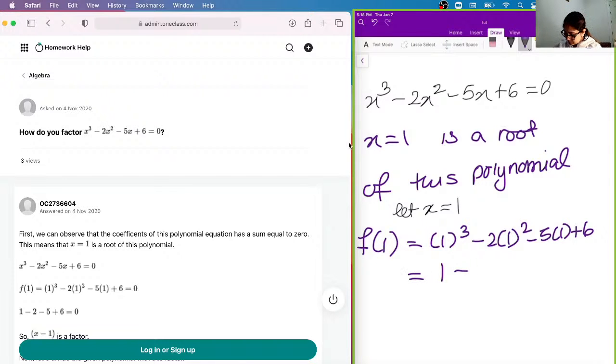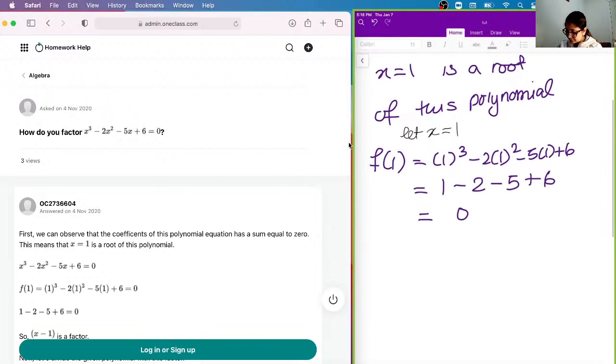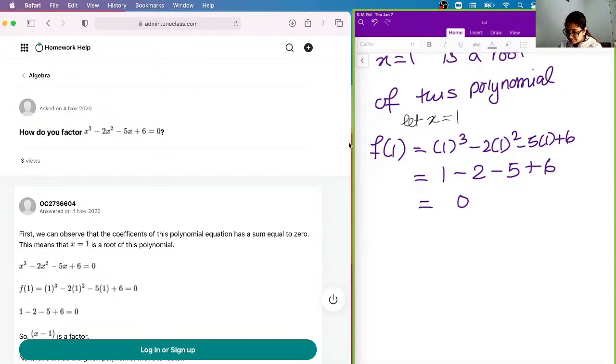And so you have 1 minus 2 minus 5 plus 6, and you would get 0. Okay, so we know that x minus 1 is a factor of this polynomial.